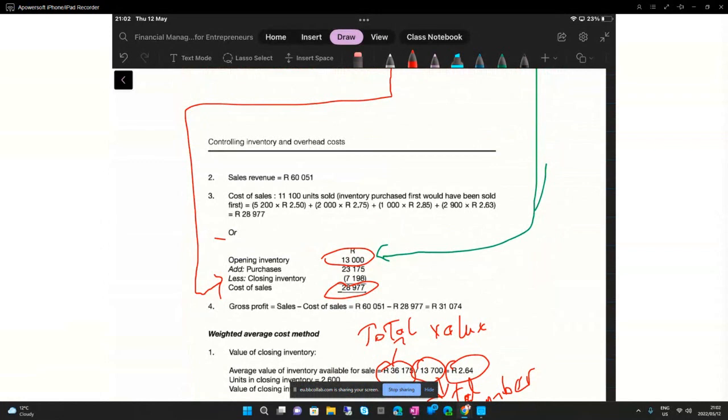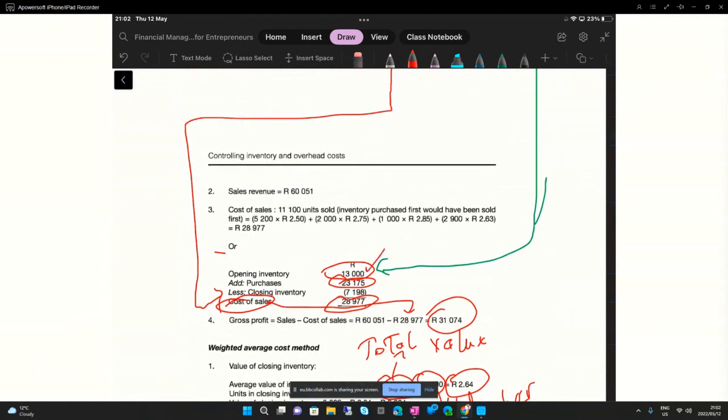So we have the opening plus purchases less closing inventory will give us the cost of sale, which we're going to use to calculate the gross profit. So we know the opening, we know the closing.